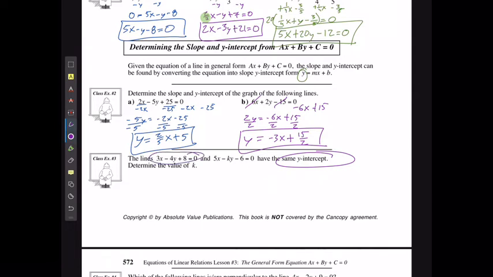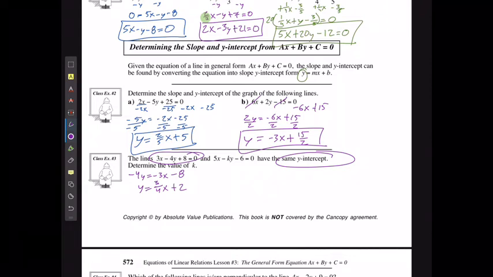I'm going to solve the y-intercept on the first one that I know and say that when I move the 3x and the 8 over, negative 4y is equal to negative 3x minus 8. Divide everything by negative 4, and y is equal to positive 3 over 4x plus 2.